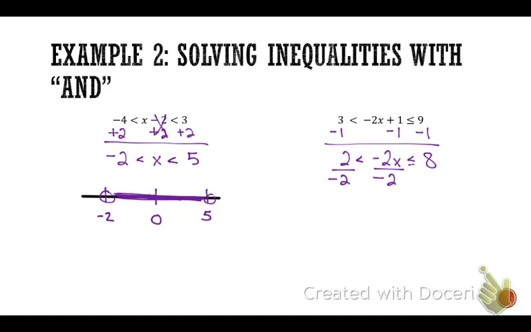Negative 2. Does anybody remember what happens if a negative is connected to my variable? So what's 2 divided by negative 2? Negative 1. But now instead of it being a less than symbol there, I need to reverse it.